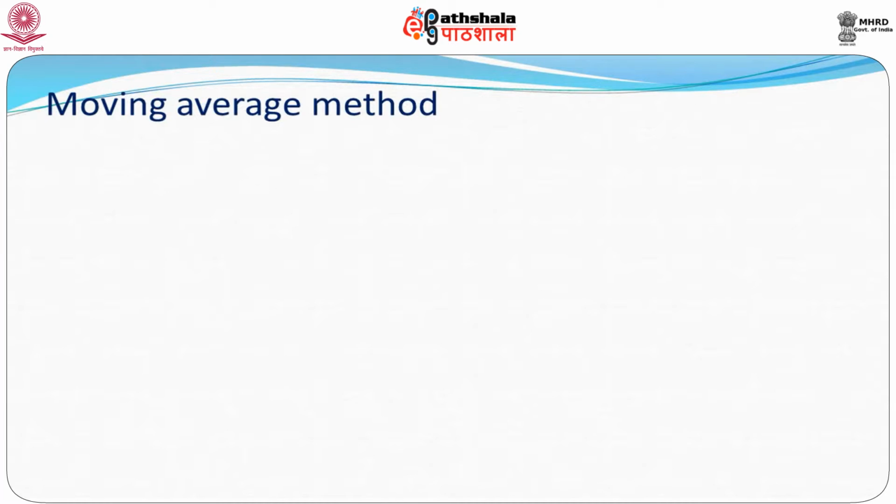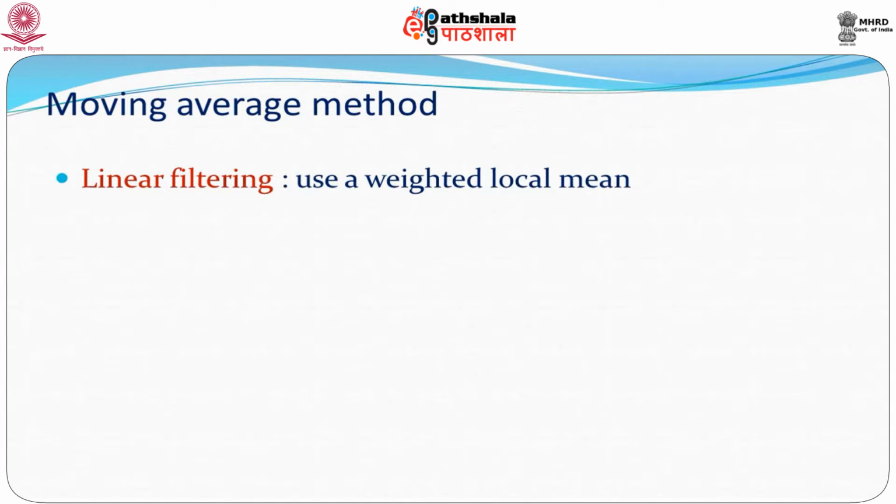As opposed to this, we have what is referred to as the moving average method. It is very often said to be a linear filter, where we use a weighted local mean. What does this mean? It means that we take a weighted average of the y's. Suppose we are looking at yt and we have decided that we will take a weighted average of the previous g values of y and the subsequent m values of y.